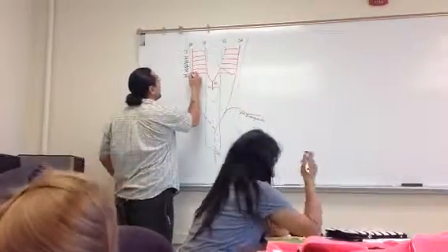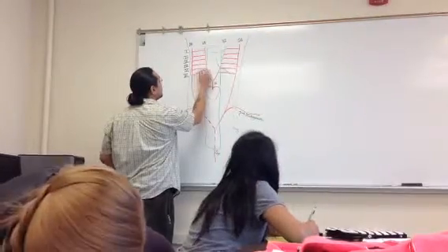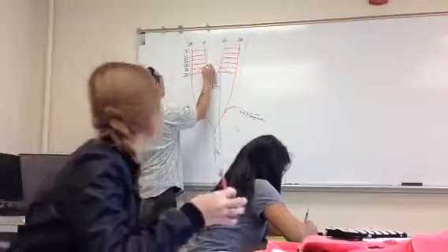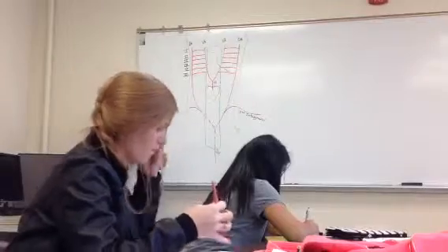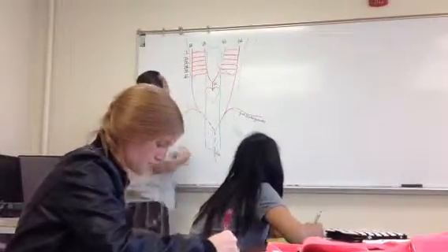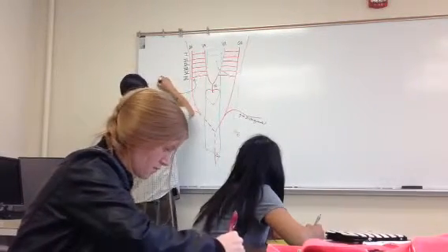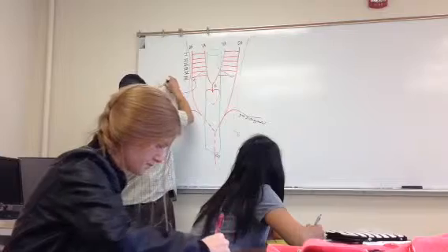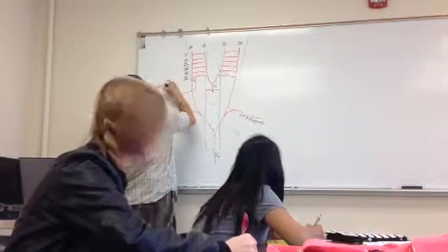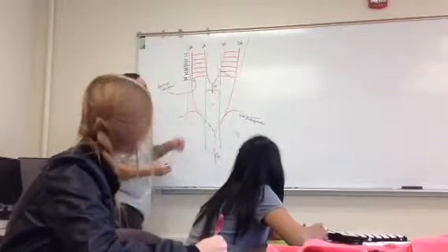So same thing right here, it hooks around like this, and it goes onto the gut tube like that. So with those ones, those are the recurrent laryngeals.